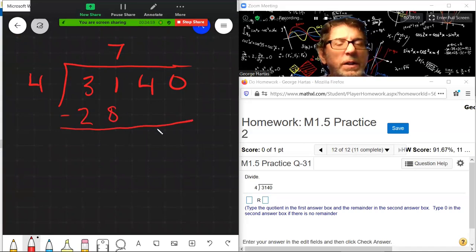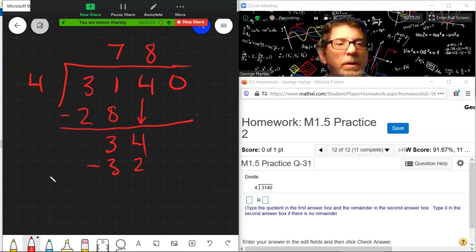Subtract. The difference is 3. Bring down the next digit. 4 divides into 34 8 times, because 8 times 4 is 32.